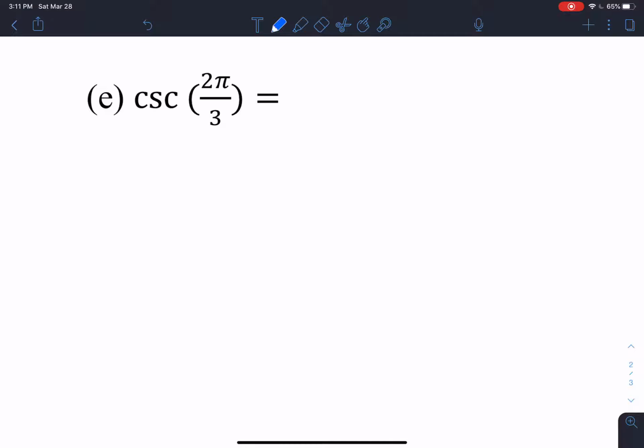Okay, so cosecant of 2 pi over 3. All right, so again, pi over 3 here is 1/2, and then root 3 over 2. Okay. Now 2 pi over 3 goes in quadrant 2.